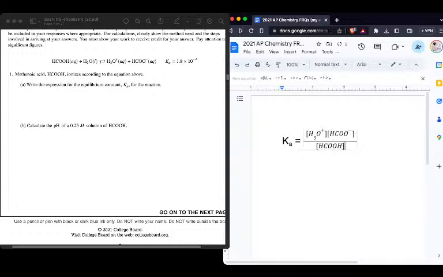HCOOH will contribute because it's aqueous. It's on the bottom here because it's on the reactant side. And we will not include H2O liquid. Generally, liquids and solids get omitted from the KEQ expression. So, this is all they wanted. They just wanted the expression for the equilibrium constant.